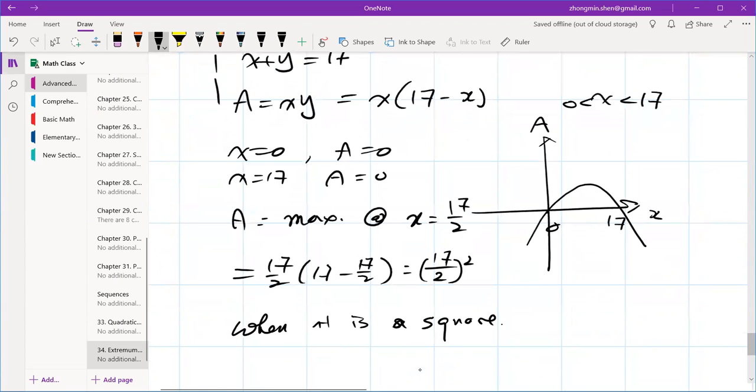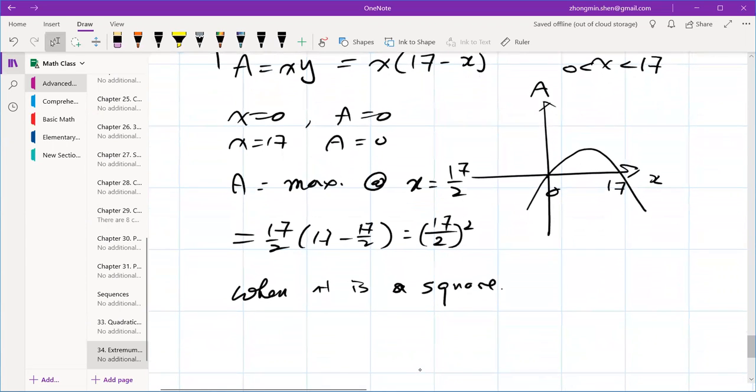So we not only find the maximum area, we also determine the shape of the rectangle which has the largest possible area. So now, not only based on experience, you can use mathematics to prove that a square has the largest possible area.